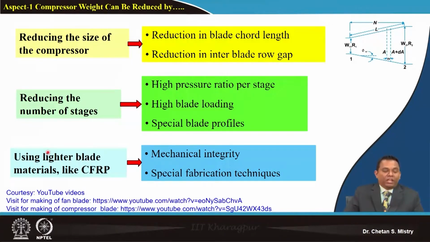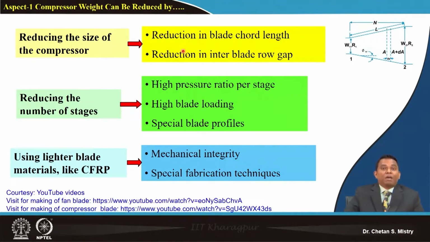So here, if you look, we have different options available. Now, in order to address that, what alternatives in design are possible? Reducing the size of the compressor. To reduce the size of the compressor, the first possibility is to reduce the length of the chord, the blade chord. Second, reduction in interblade row gap.